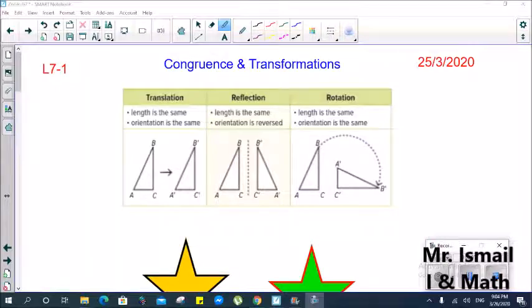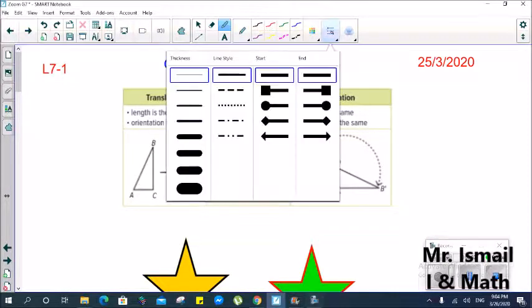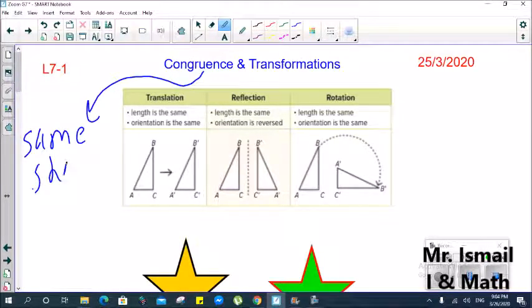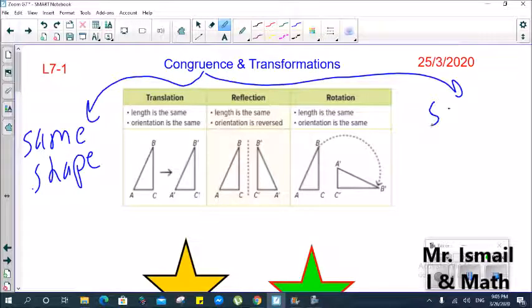Congruence and transformations. Congruence means same shape and same size.